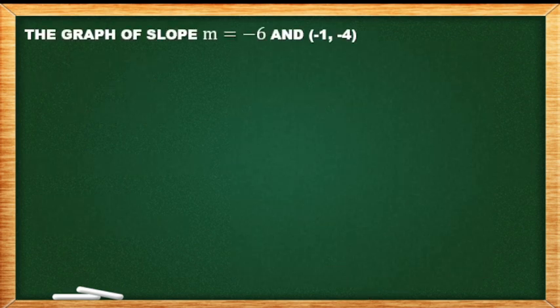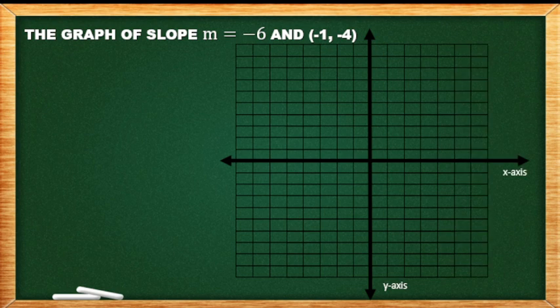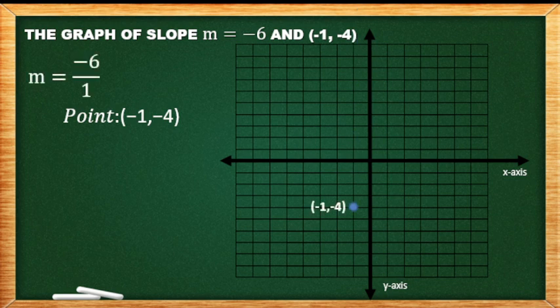So we have the last one, graph of the slope negative 6 and point (-1, -4). Same, negative 1 and negative 4. Nasa quadrant 3 siya. Ayan. Then ang slope natin ay negative 6/1. Kasi whole number siya. So yung run natin dyan 1.